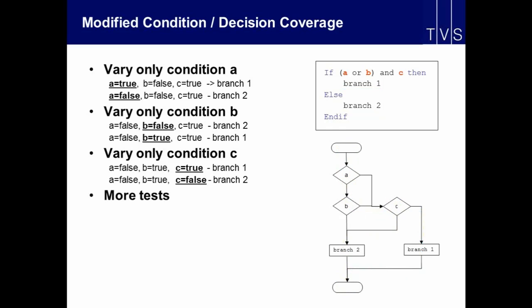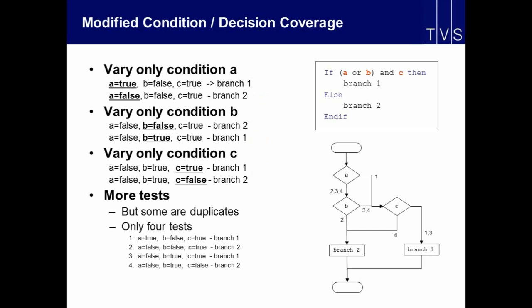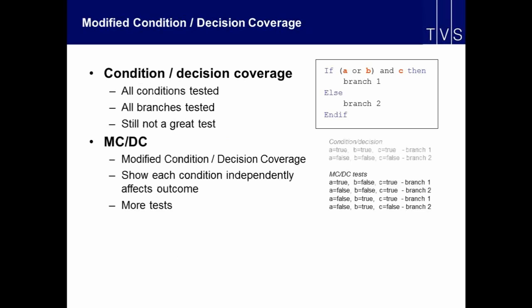That's actually very rigorous. The downside is it's more tests, but it's not as many more as you think, because if you pick your test data carefully, some of those are actually duplicates. So there's actually only a set of 4 tests there. So there's our 4 tests. More complicated than condition decision coverage alone, but more rigorous. You can go a step further.